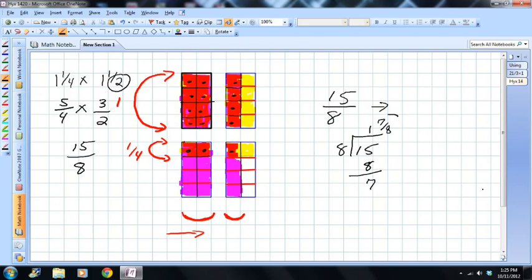So I should be able to take these blocks and rearrange them to fill as many empty spots as I can, and have something that represents 1 7/8. All right, so let's do this. Notice that we already have one rectangle that's completely full.